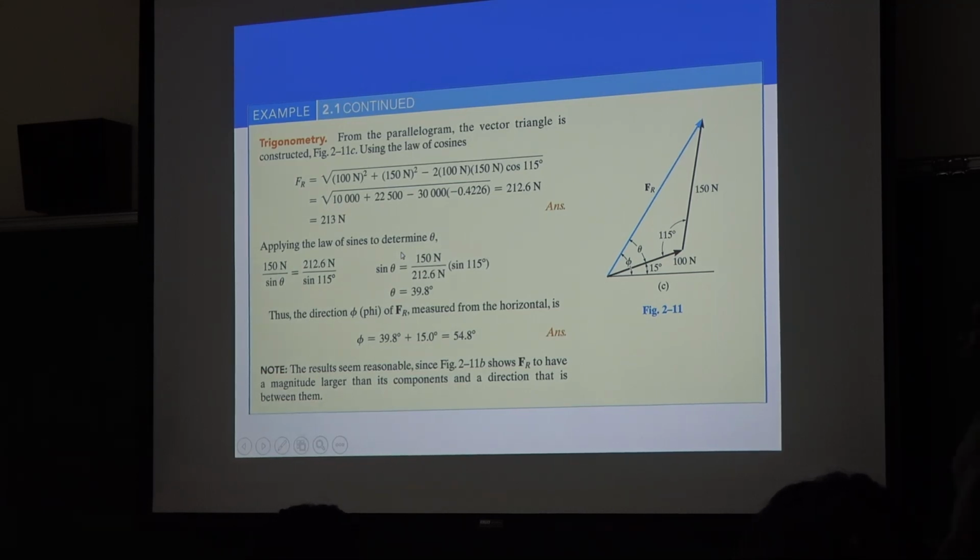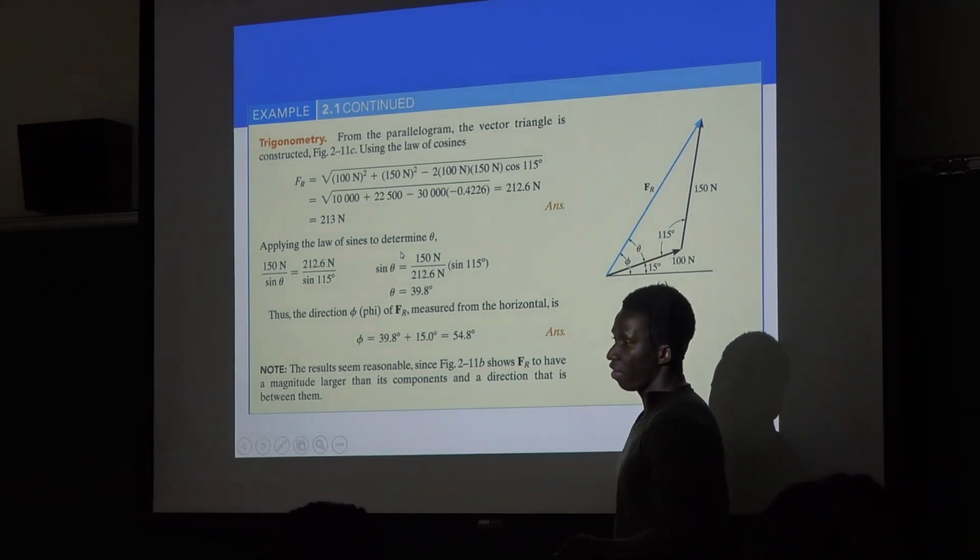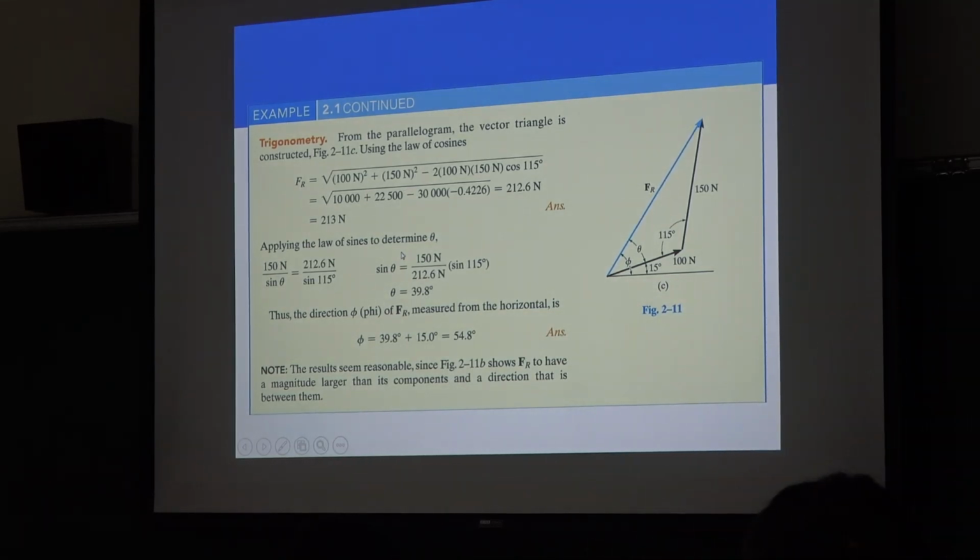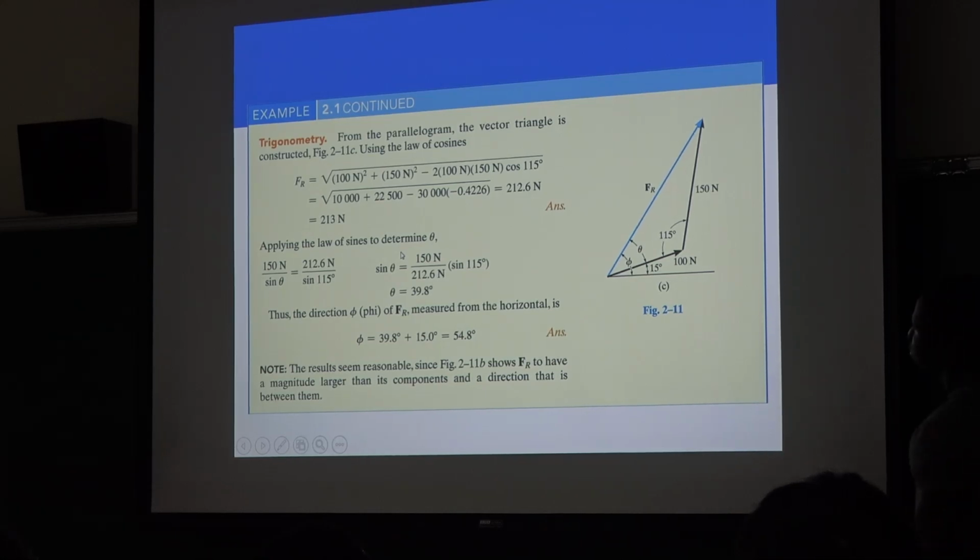Okay, so now to find the value of FR, what do we do? Just use the cosine law, right? So the value of FR, by just using this, we can get this.